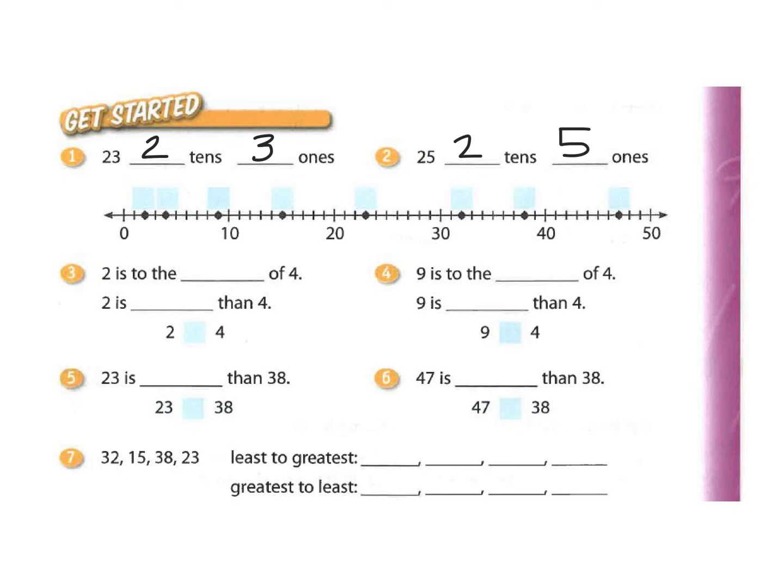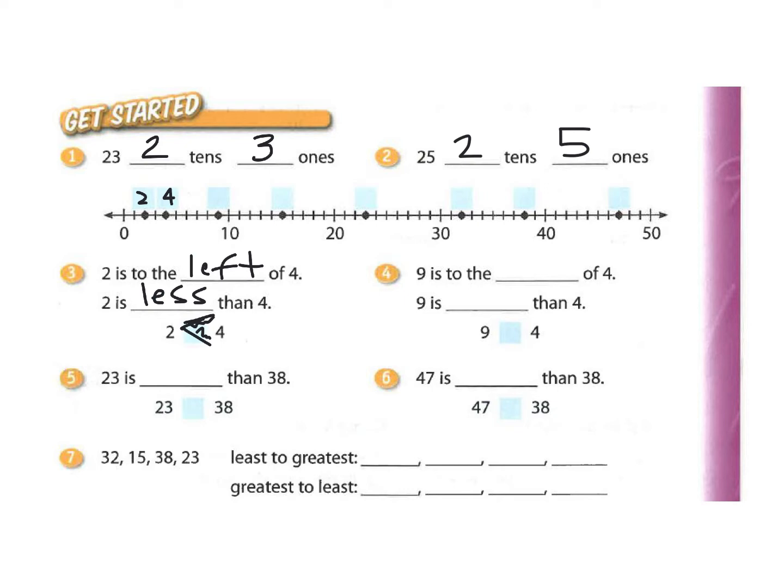Now what it says here is 2 is to the left of 4 on the number line. So 2 is less than 4, which means we would write it like this. 2 is less than 4. The alligator wants to eat the bigger number, but we say this as less than.